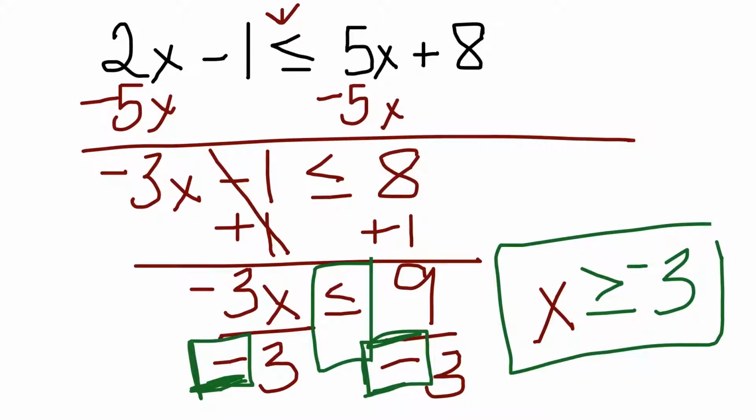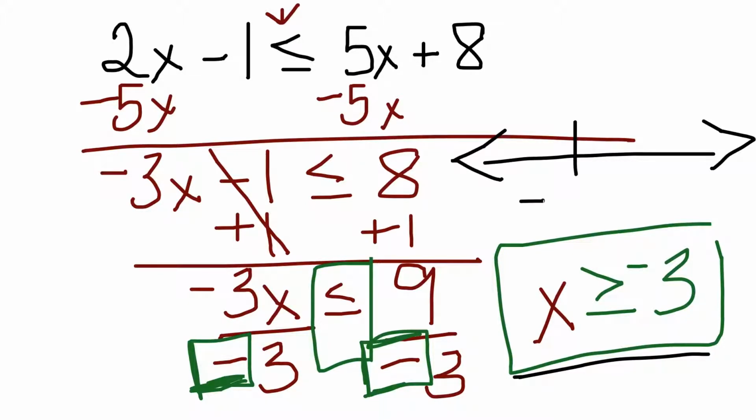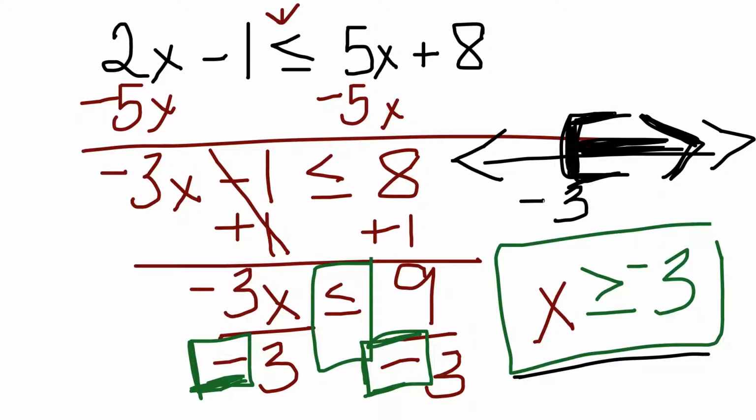So how does that look? As an inequality, this is how it would look. Just that x is greater than or equal to negative 3. On a number line, let's go ahead and put that up here. I have a negative 3, and it would be a bracket on negative 3, and I would be shading to the right because x is greater than or equal to negative 3. So it's a bracket because it's also that equal sign right here.